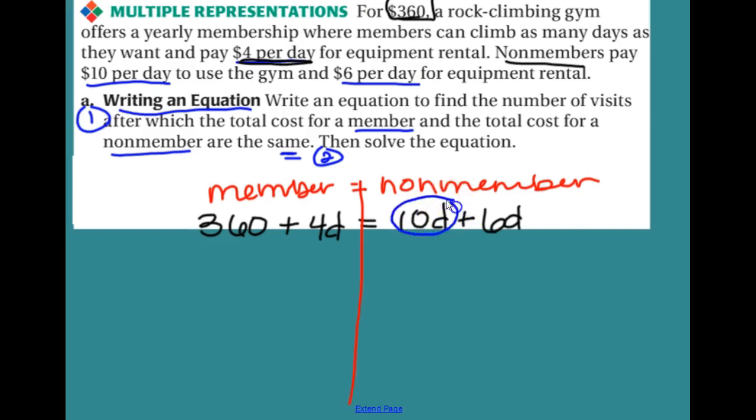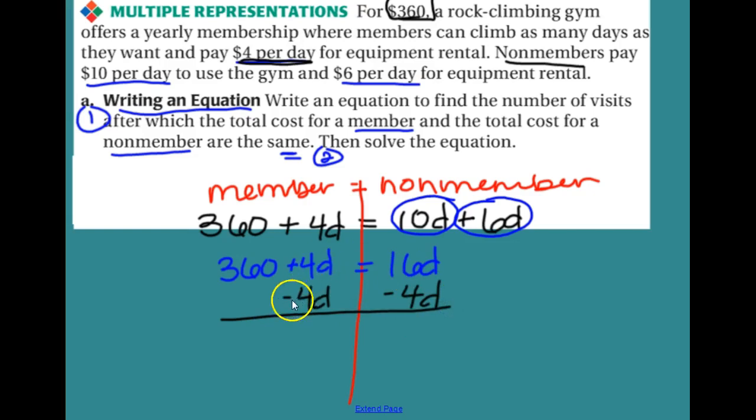Well, first we can combine our like terms. 10 plus 6 gives us 16D. Now moving the 4D, it's positive, so I'm going to subtract 4D because I want all the letters on the same side.